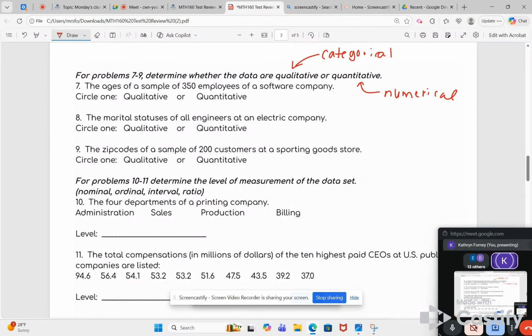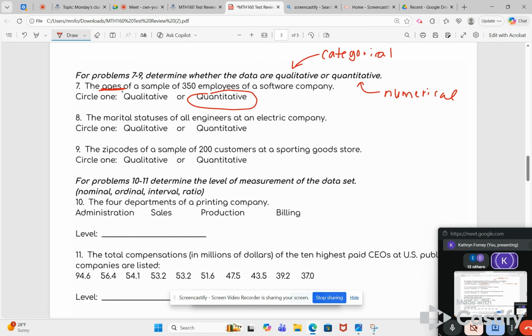So number 7 says the ages of a sample of 350 employees. So for age, is age qualitative or quantitative? Is age numbers? Yeah, so that would be quantitative.